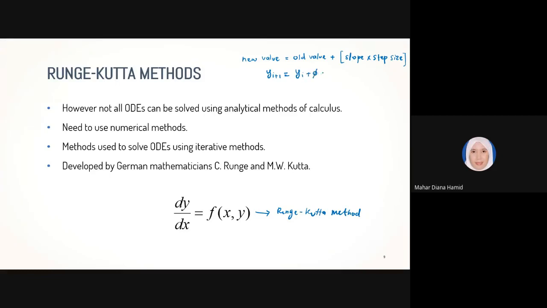Phi here is the slope times h, where h is the step size. So this is what we call the general form of the Runge-Kutta method.